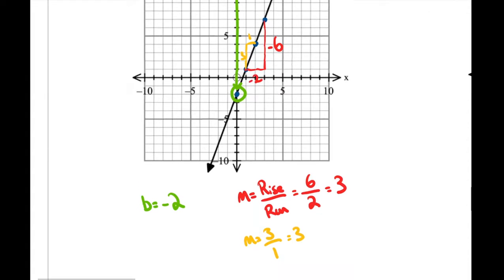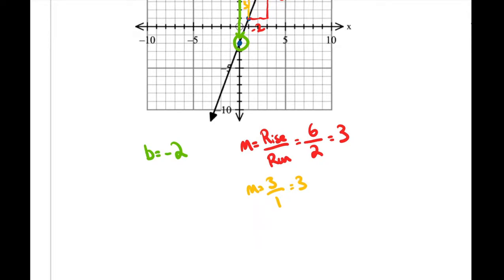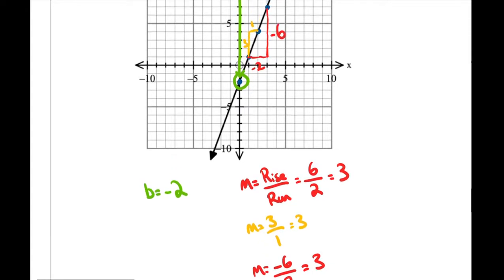If I go back to my formula, negative 6 over negative 2, and if I simplify that, I end up with positive 3 anyway. So regardless of which direction you go, from whichever point to whichever point, you're still going to get the same value. You can see we did it 3 different ways, and we still got the same slope. So it doesn't matter which points you go to or which direction you go. As long as you do it correctly, you will get the same value.